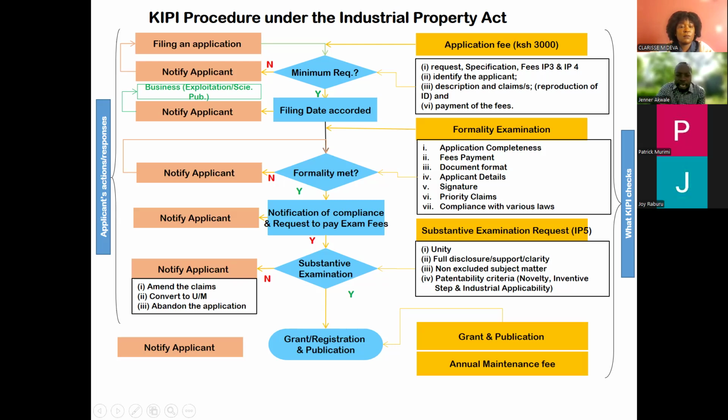If they said it has novelty and it is industrially applicable, but it doesn't have an inventive step, you can convert it to a utility model. Then maybe you have done this correction, and your patent agent will support you in that. You can file again. They will do the substantive examination again, and if it merits, or if you have changed the claims and they are okay, then you can be granted a patent, or it can be registered for that matter.